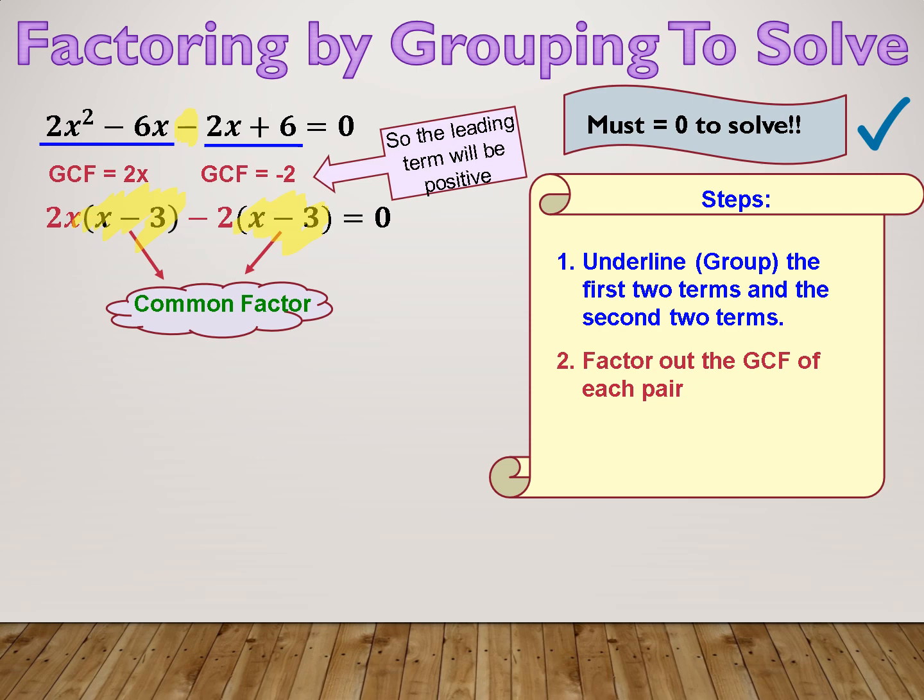So I'm going to pull the common factor, like a GCF, out of both terms. When I do that, that leaves me with x minus 3, because that's my common factor I pulled out front. When I pull an x minus 3 out of the first pairing, I get 2x. When I pull an x minus 3 out of the second pairing, I get minus 2.